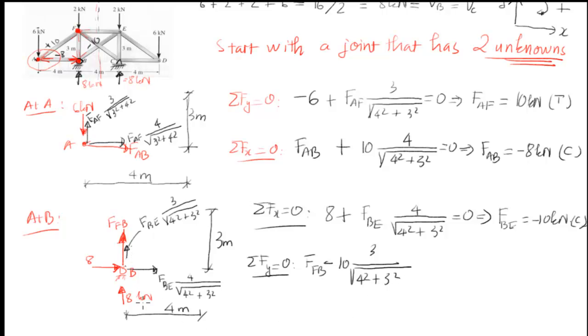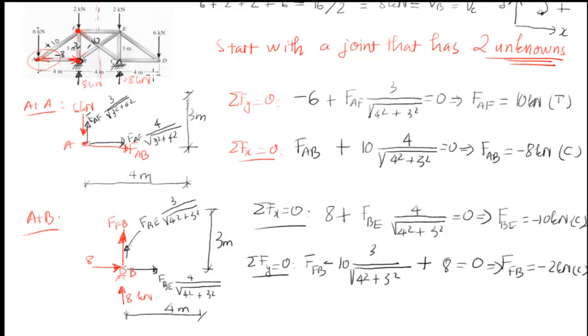And the last one, 8 kN, is positive because it's going upwards. Positive 8 equals 0. Solving for FB gives negative 2 kN, which is in compression. Once you got negative 2, I put -2 in this member.